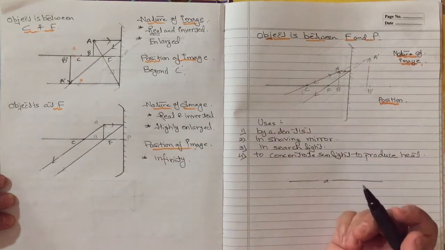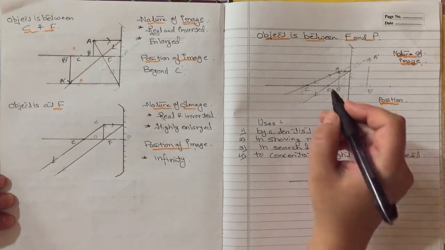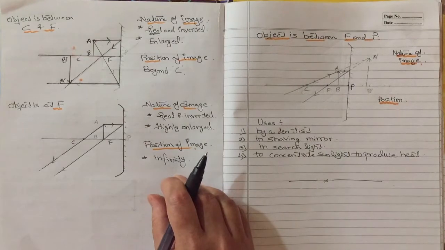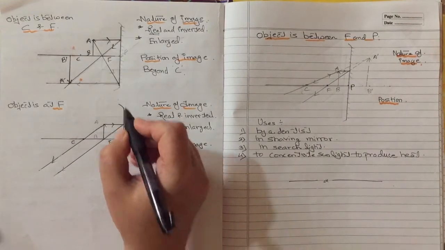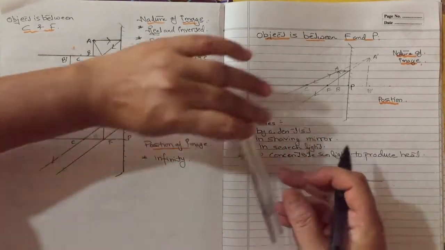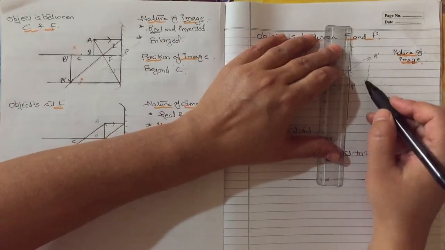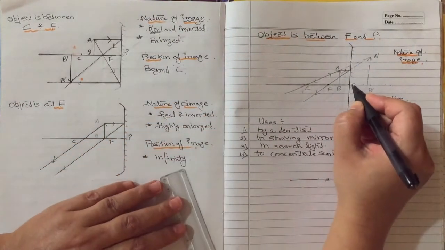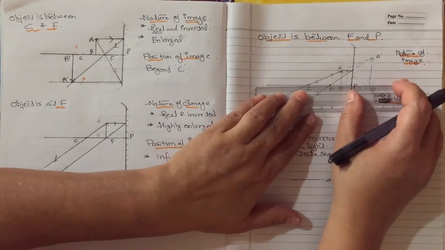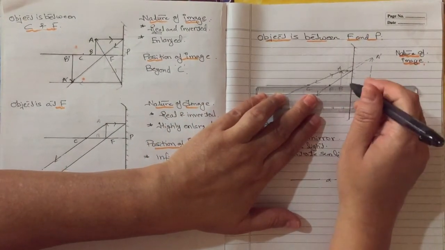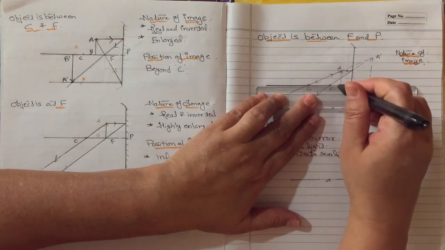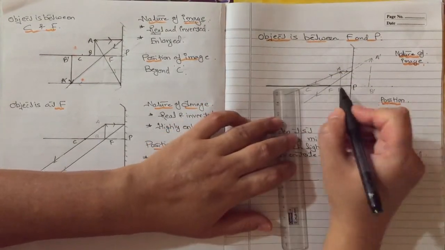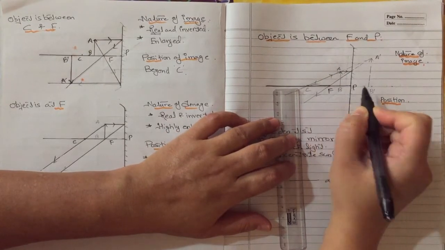Let's see what happens when the object is placed between the focus and the pole. Let's draw a mirror. The midpoint is the pole, and the principal axis. Here. And the object is between focus and pole.